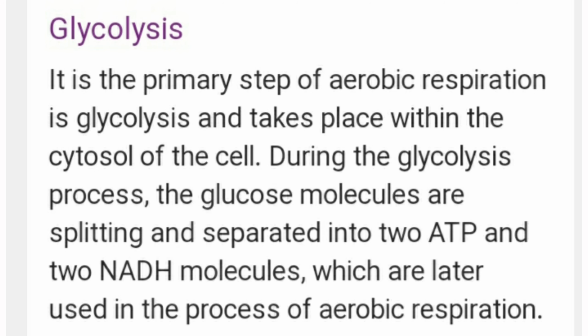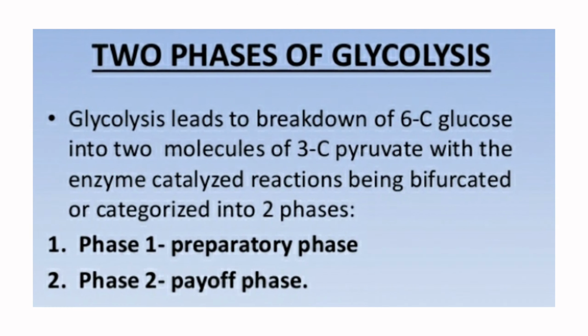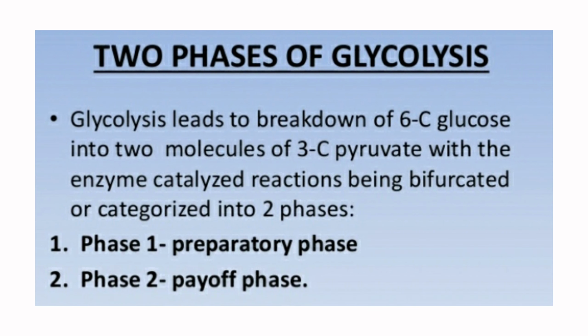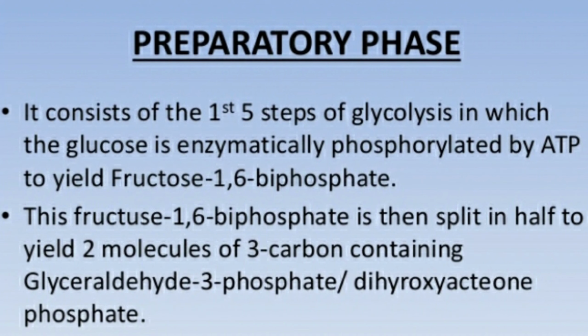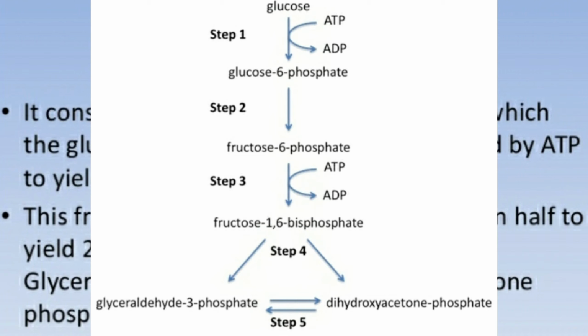aerobic respiration. We have two phases of glycolysis, children, that is preparatory phase and payoff phase. So here in these phases we can see there is breakdown of glucose into pyruvate molecule. In preparatory phase, it consists of 1 to 5 steps of glycolysis, children, where the glucose is broken down into 3 carbon compound, that is glyceraldehyde 3 phosphate.